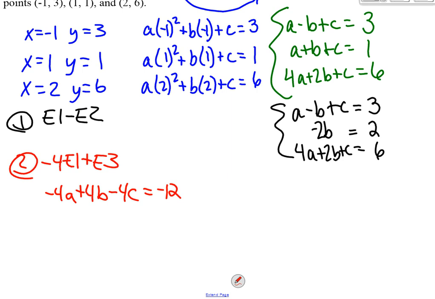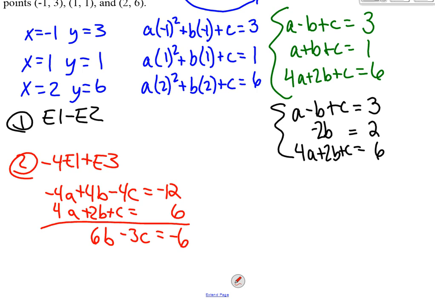And then the other one I'll just write 4a plus 2b plus c equals 6. Oh, I did not line those up very well, but that's okay. So then I get 6b minus 3c equals negative 6.